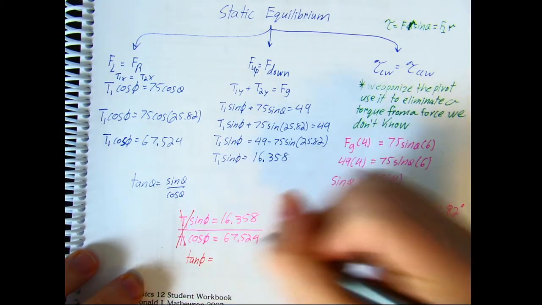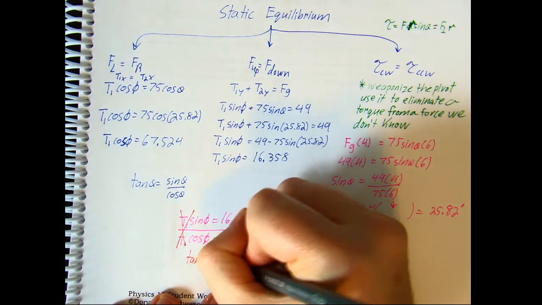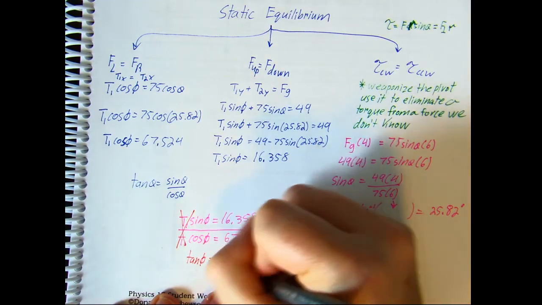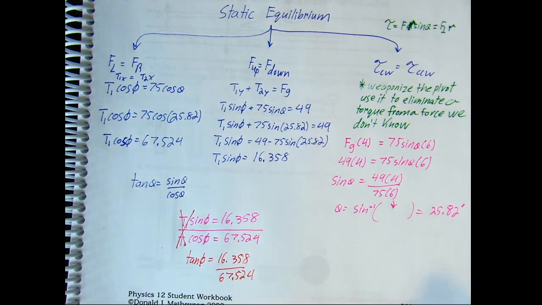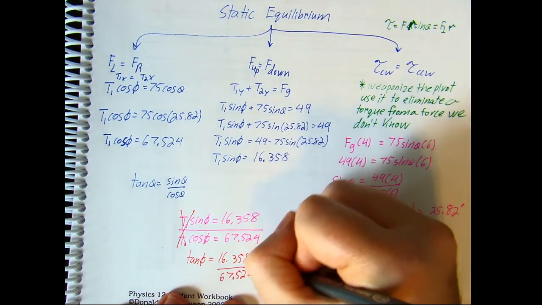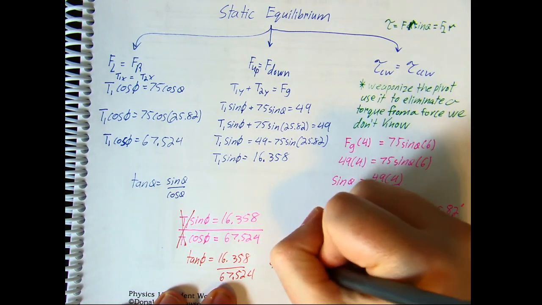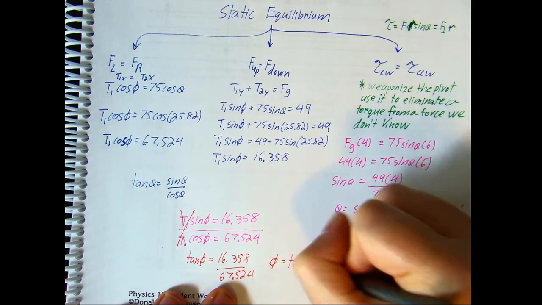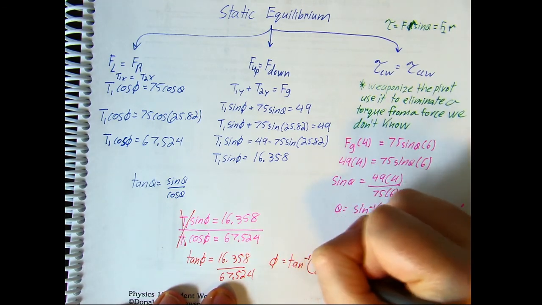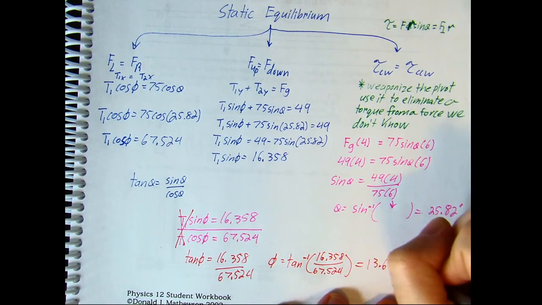So tan phi is 16.358 over 67.524. So phi is the tan inverse of 16.358 over 67.524, which gives us an angle of 13.6 degrees.